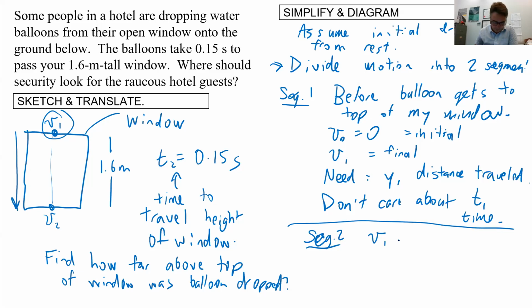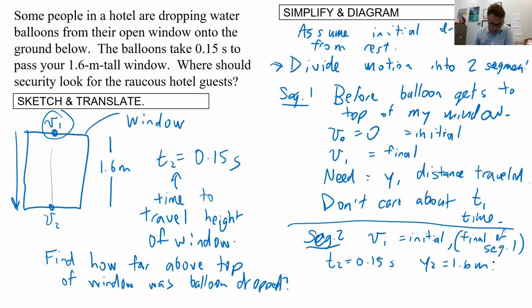So V1 is initial and equals final of segment 1. T2 is equal to 0.15 seconds. This is when it's actually traveling past my window. And Y2 is the 1.6 meters. And for this one, we don't care about that final speed at the bottom of the window.